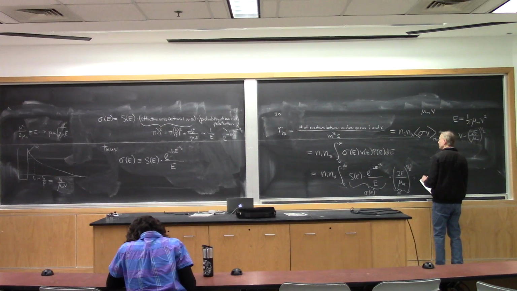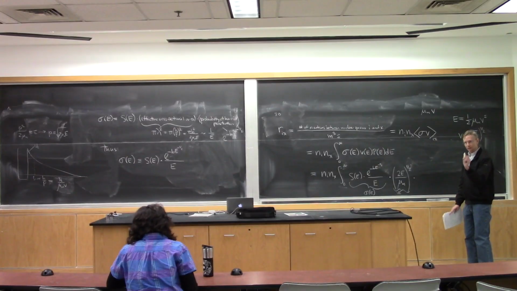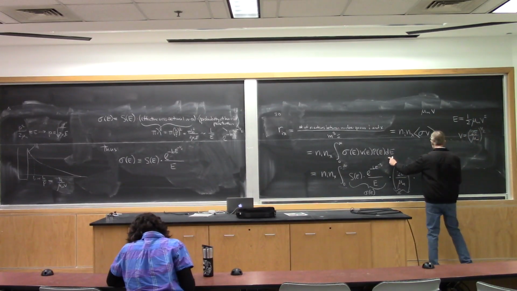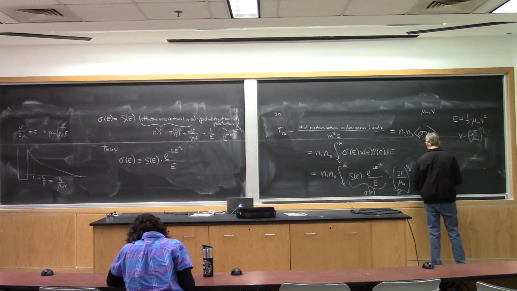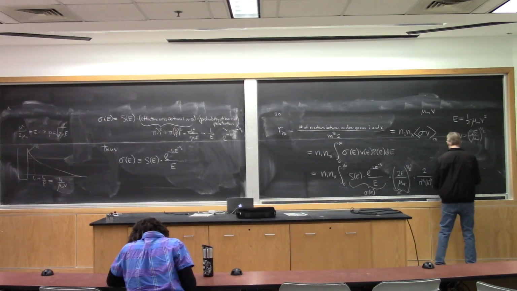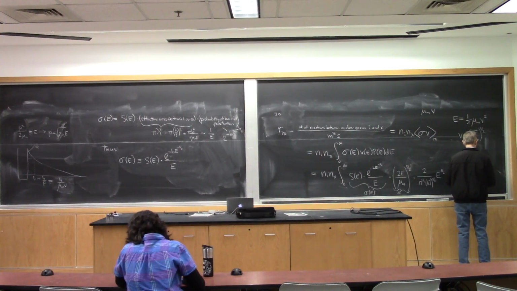In the homework, you show, how do you show it? Joyfully, we show in the homework that P of E dE is in fact 2 over pi to the 1/2 times quantity kT to the 3/2 power times E to the power of 1/2 e to the minus energy E over kT dE.